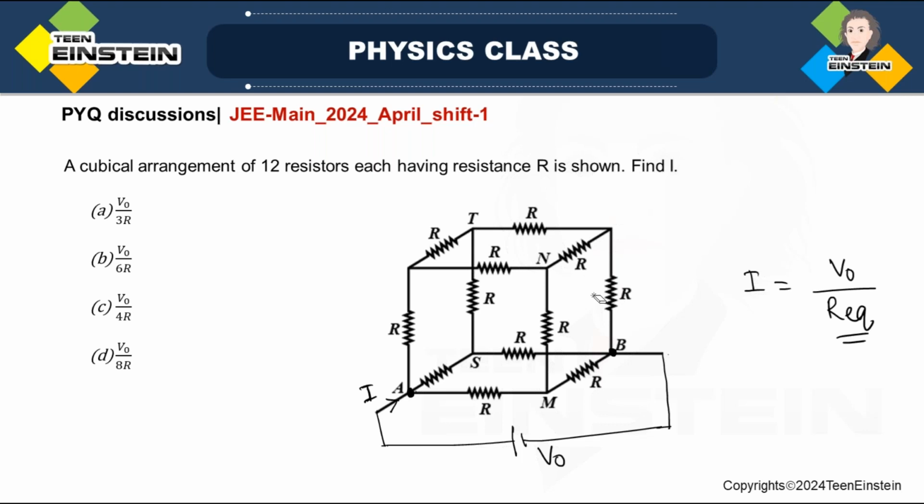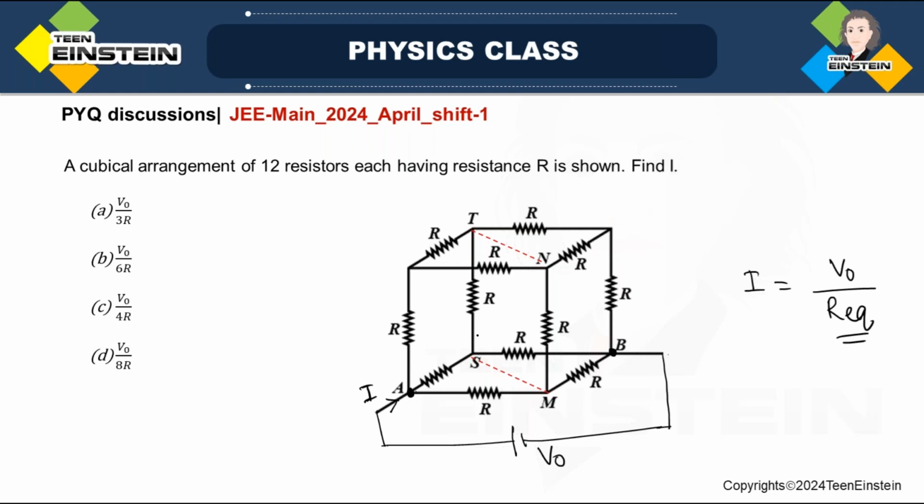There may be many ways to do that, but the simplest way is to use the symmetry considerations of the circuit. Look, there is a mirror symmetry over here. Mirror symmetry is always taken perpendicular to the line between the points across which you have to find the equivalent resistance.